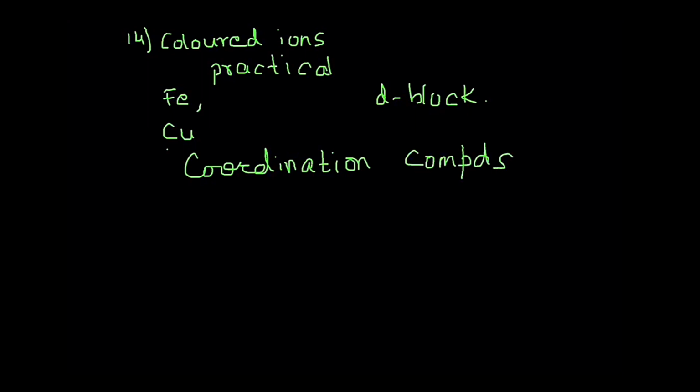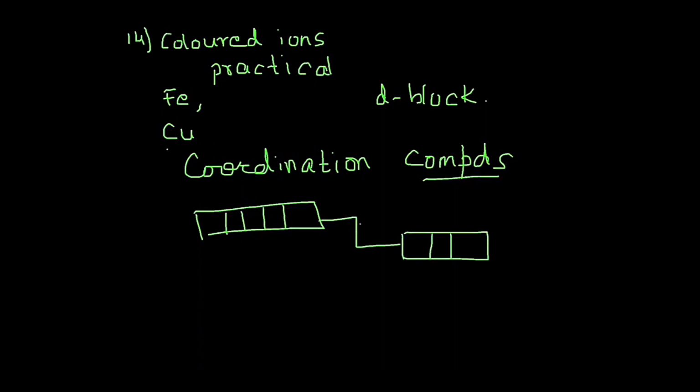Just a hint over here. Why do they show the formation of colored ions? Yes, because the electrons in them get excited. If you remember, we had spoken about the T2G and the EG levels and the electrons jumping into the higher energy orbitals, and because of the absorption of this energy, the portions of the light which are not absorbed are reflected or they pass through, and that is the color of the metal ion which is observed.